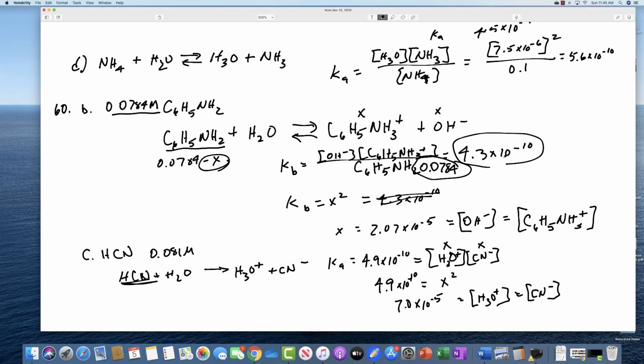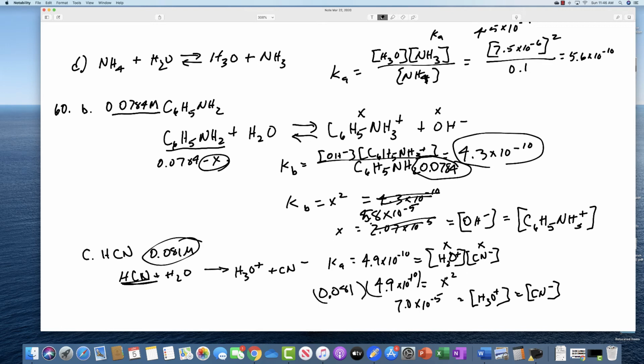So if you multiply that and then take the square root, the answer here is actually 5.8 times 10 to the minus 5. Similarly, you need to multiply this number by the original concentration here, 0.081, in order to do this.